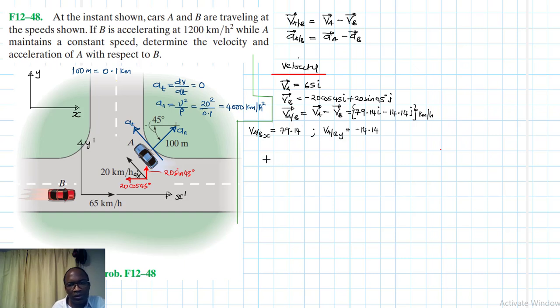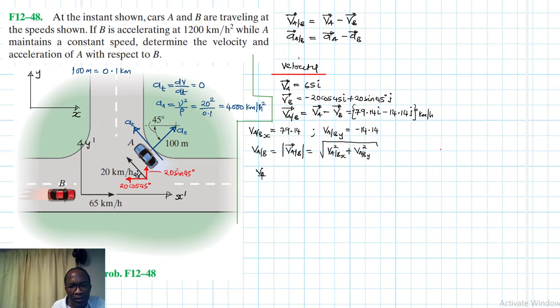Let's find the magnitude. VAB magnitude is equal to the square root of VAB X squared plus VAB Y squared.